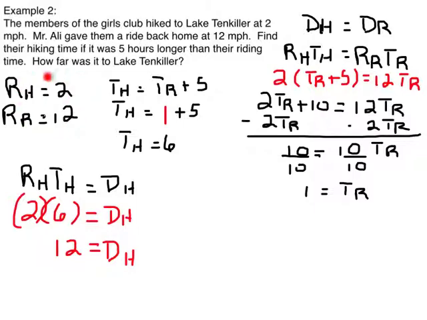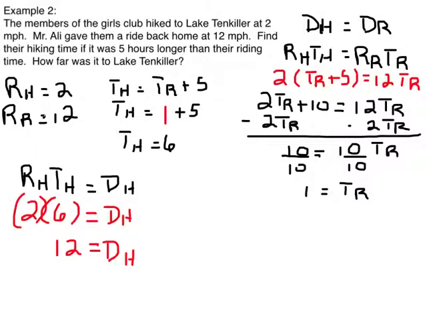So in this one we know the rates, we don't know the time. The only thing we do know about the time, they are not equal, but the hiking would be equal if I added 5 to the riding time.